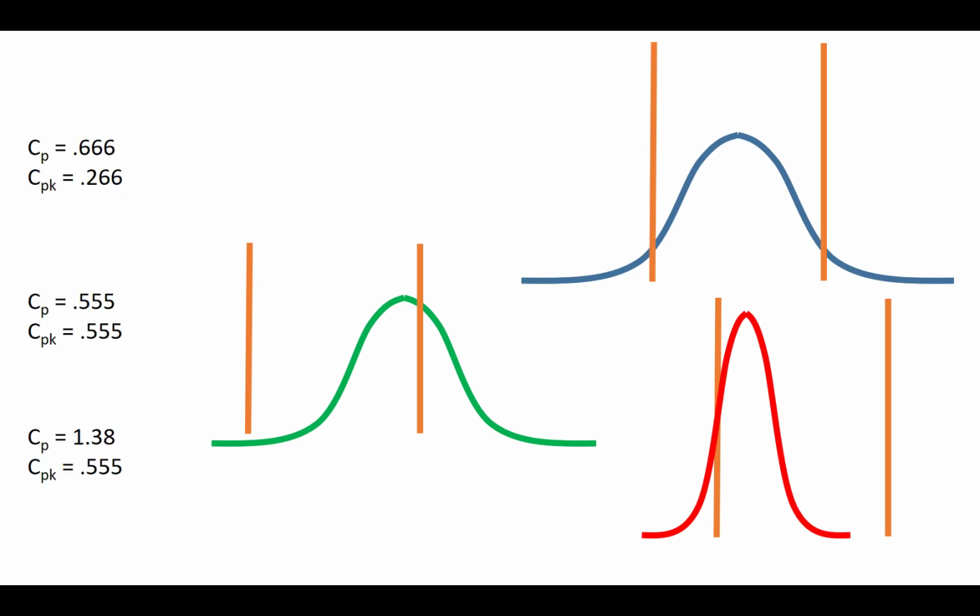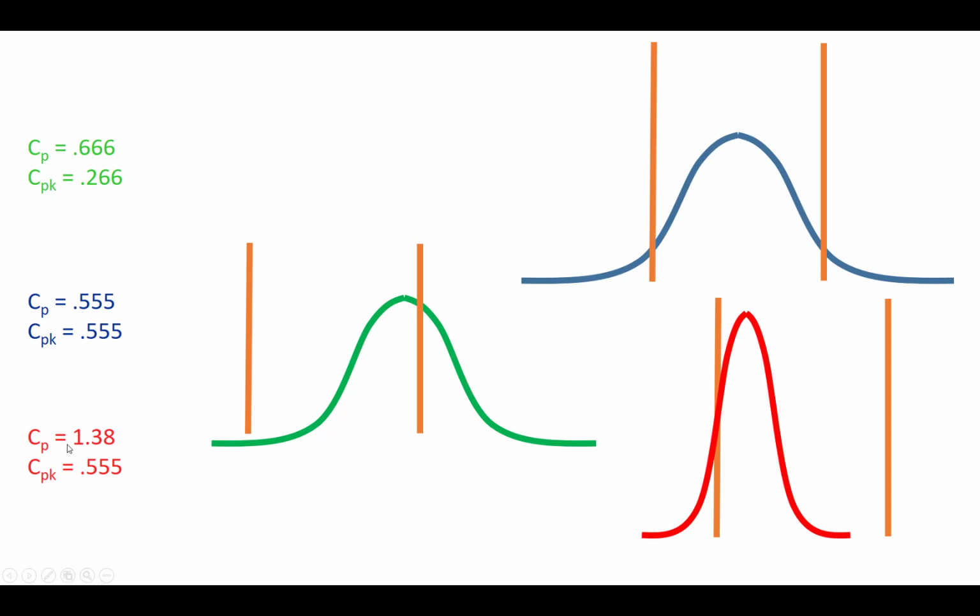And then for the next one, this is a little bit trickier. So your CP and CPK can only be the same if the mean is centered in the upper and lower spec limits. Okay?